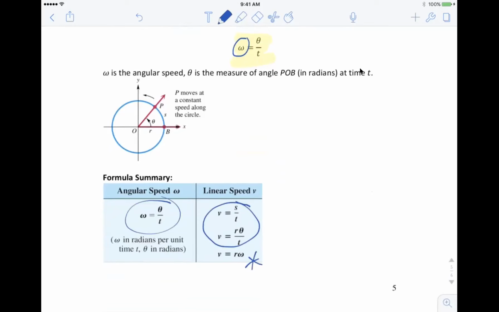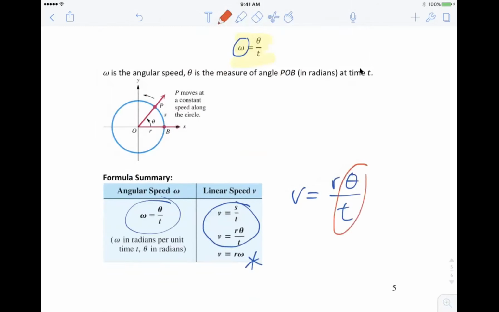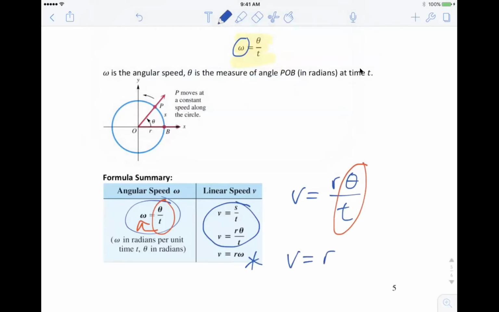If you notice that second one, v is equal to r theta divided by t, within that formula you have a theta over t, which is the same as omega. So that can simplify even further, and sometimes that can come in handy. That's all your formulas and the setup for this.